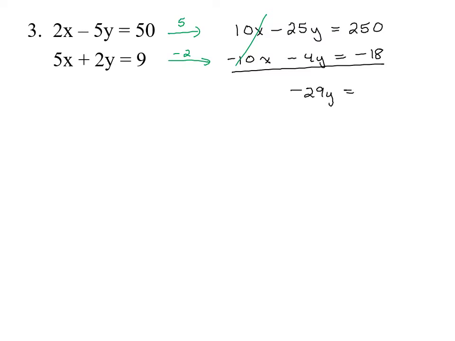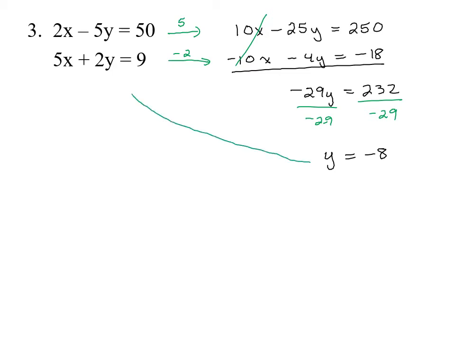And then 250 minus 18 is 232. And then I could divide by negative 29 on both sides. And so 232 divided by negative 29 would be negative 8. So I end up with y equals negative 8.